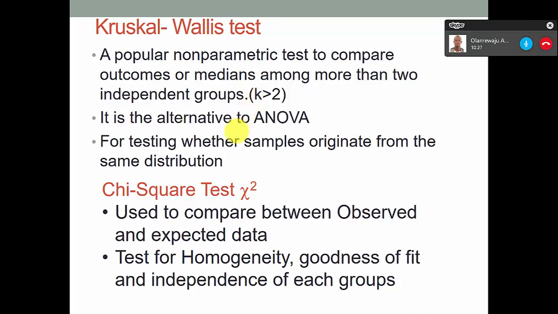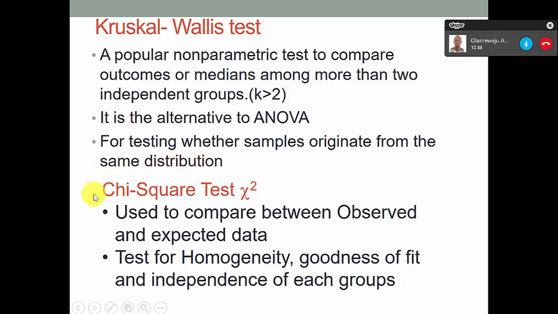The alternative parametric statistic to Kruskal-Wallis is the ANOVA. Definitely, we know the ANOVA as well, when you have 2 or more independent variables. Kruskal-Wallis is meant for testing whether samples originate from the same distribution.